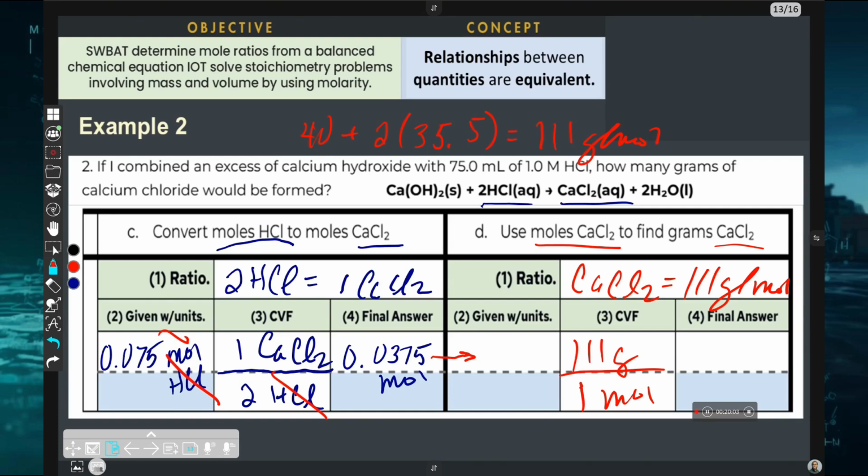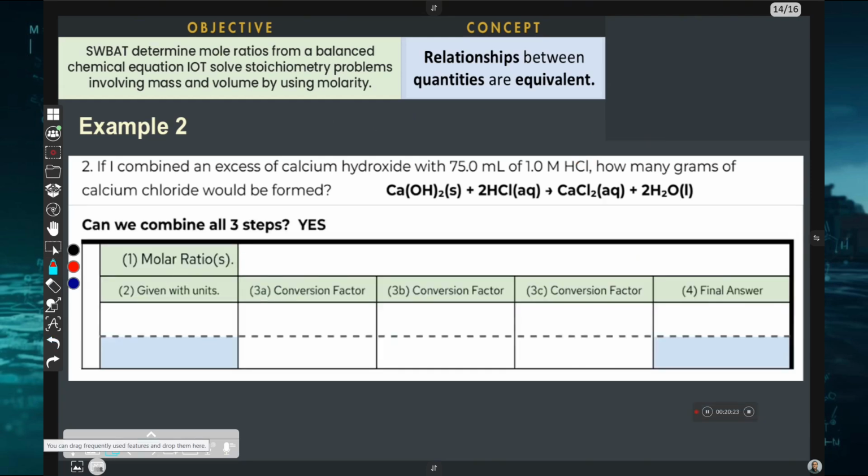So we multiply that and we get 4.2 grams of calcium chloride, CaCl2.